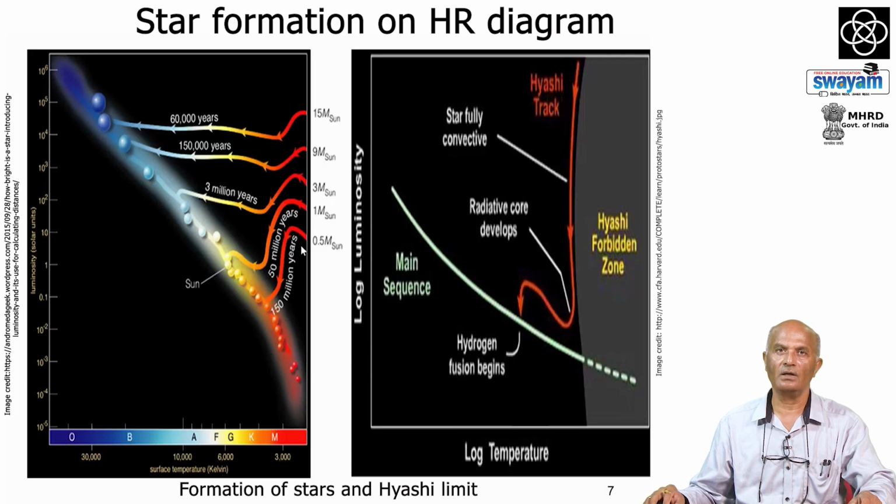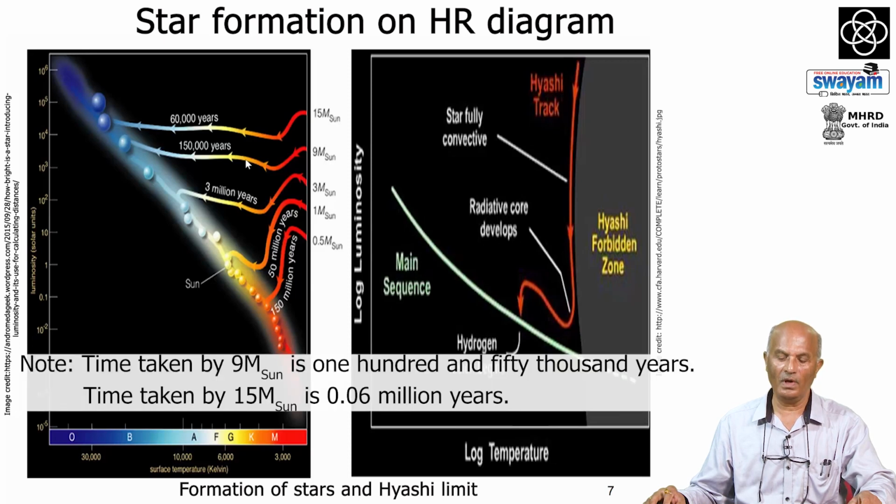This star is of 0.5 solar mass, and the time taken is 150 million years, while a solar mass star takes 50 million years. If we go to higher mass stars, which are 3 solar mass, 9 solar mass and 15 solar mass, they take 3 million years, 1.5 million years and 0.6 million years respectively.